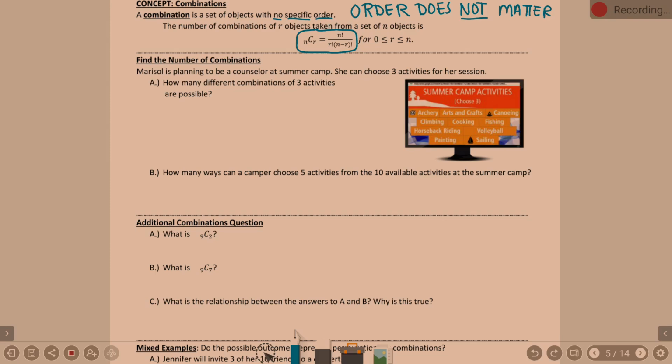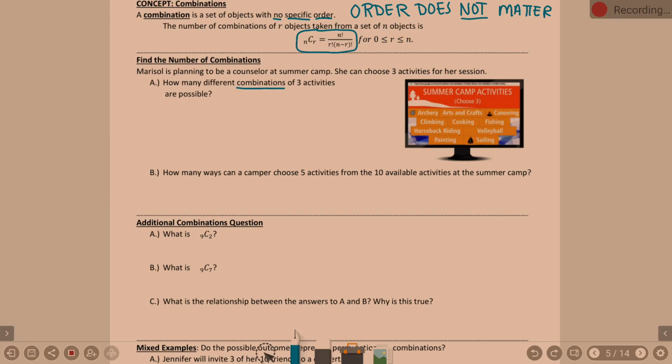So, Marisol is planning to be a counselor at a summer camp. She can choose 3 activities for her sessions. The first question is, how many different combinations of 3 activities are possible? We don't even have to think about whether or not order matters because it flat out uses the words, how many different combinations.